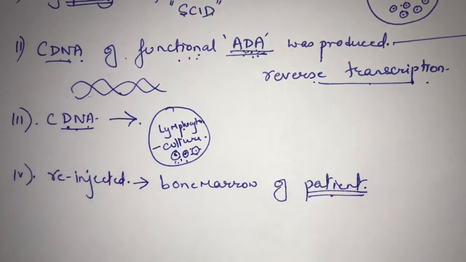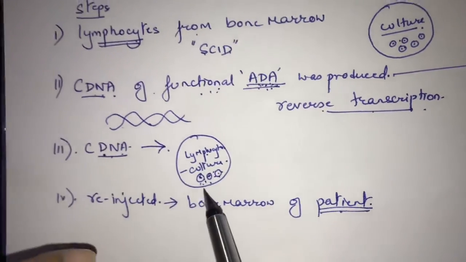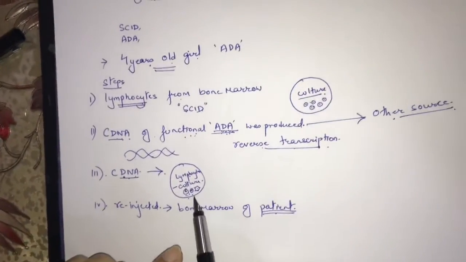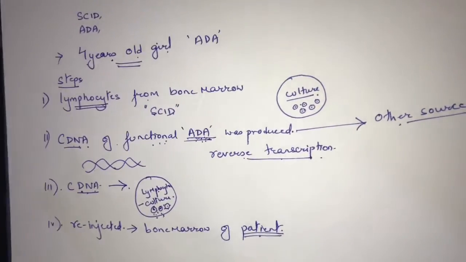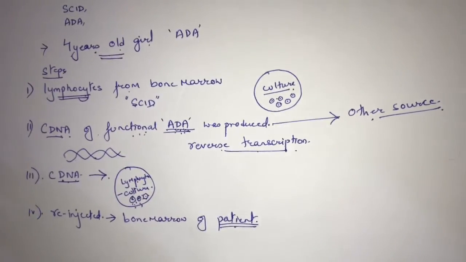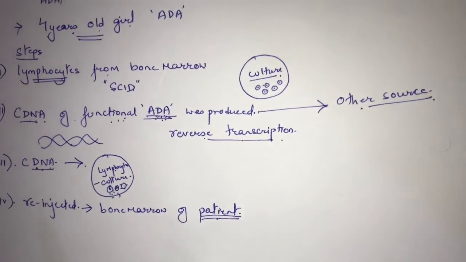So it could not give a permanent solution. This therapy which was performed on a 4-year-old girl did not give a permanent solution. However, if the defective gene is corrected at the zygotic or embryonic stage, it can give a permanent solution, which I have already told you.